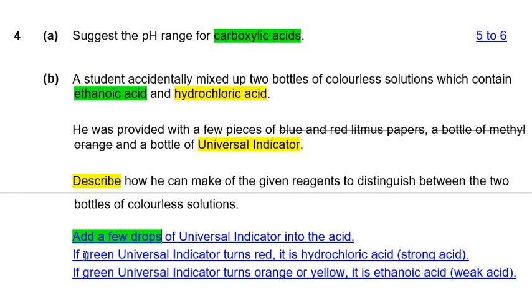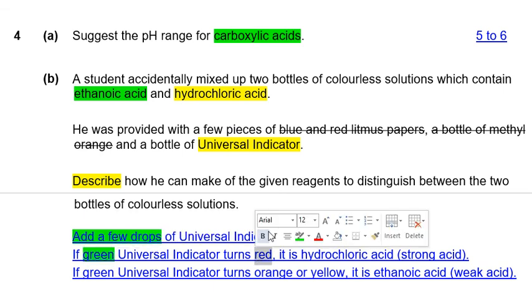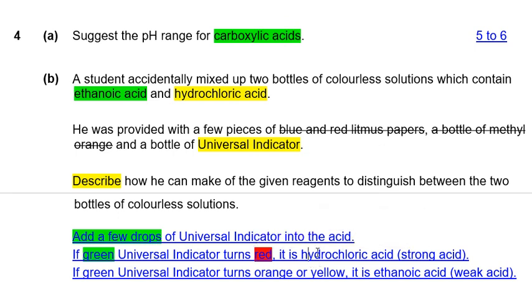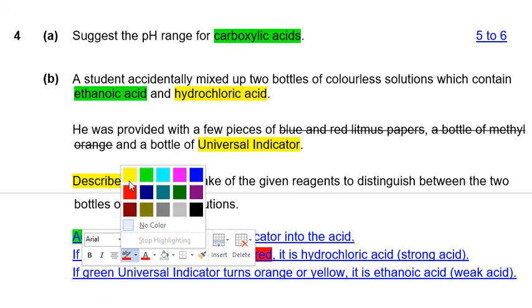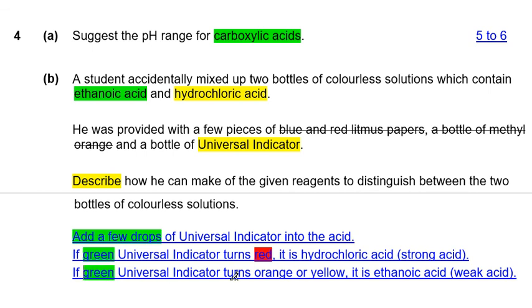And if the green universal indicator turns red, then your hydrochloric acid is present in the solution because it is a strong acid. If the green universal indicator turns yellow or orange, then I will say that it is ethanoic acid because it's a weak acid.